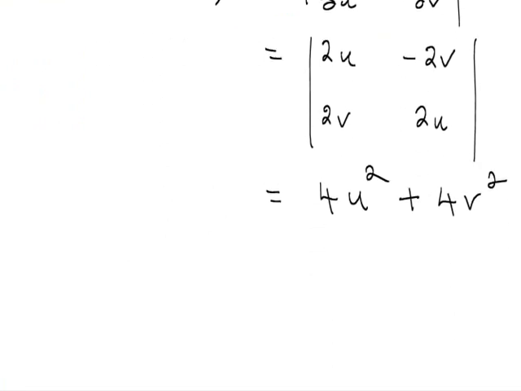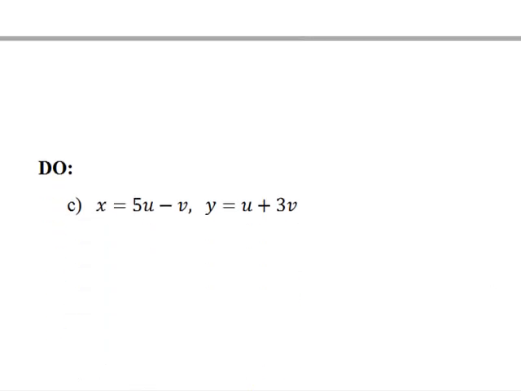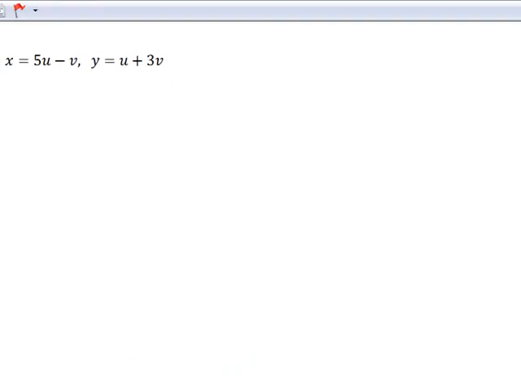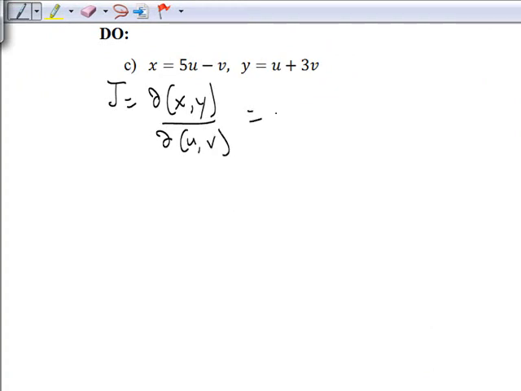Okay, it's your turn. Did I say do now? I did. So you have 2 to do. So try them on your own. Okay, so the same thing, J is delta xy over delta uv.